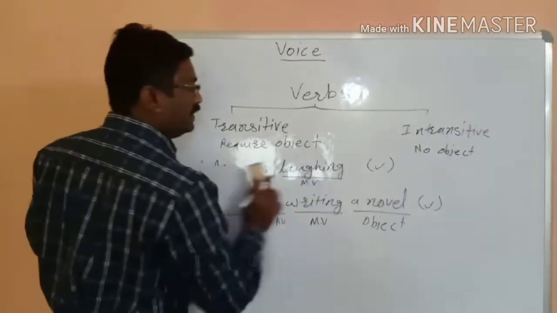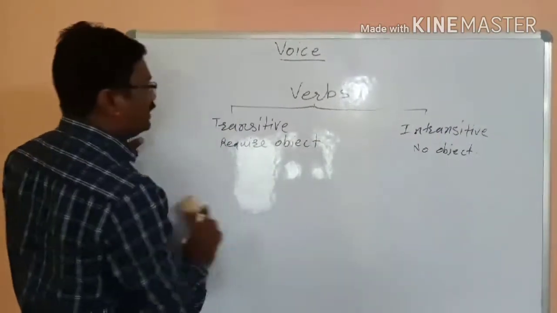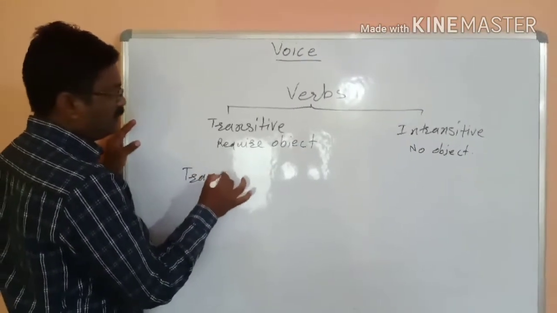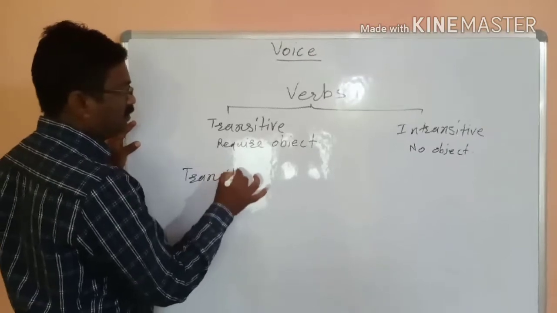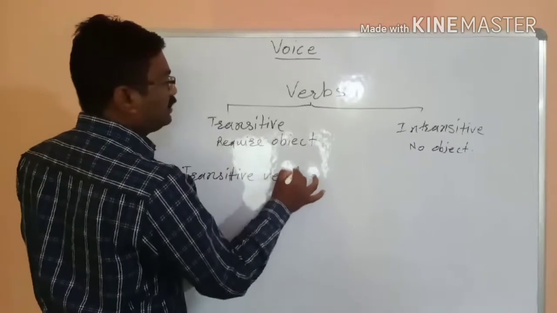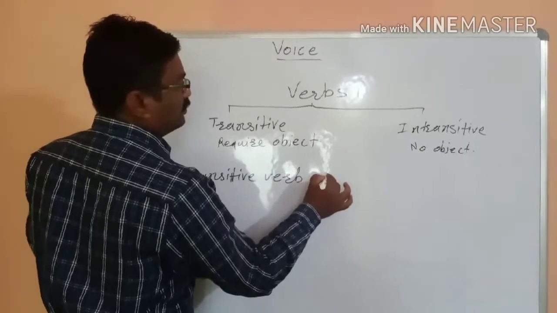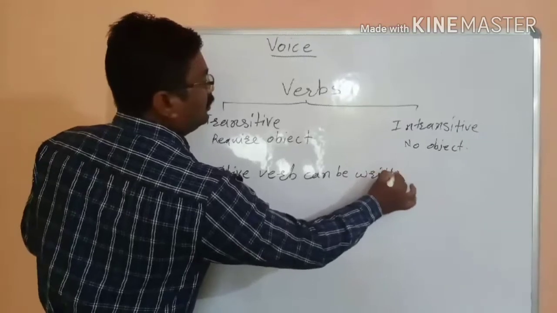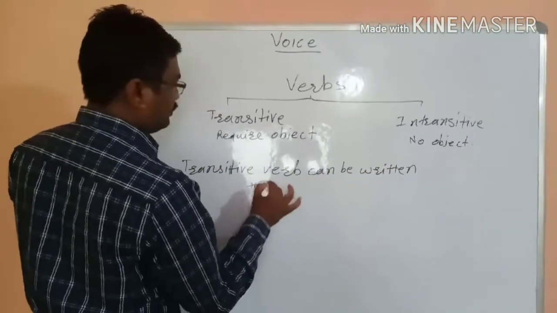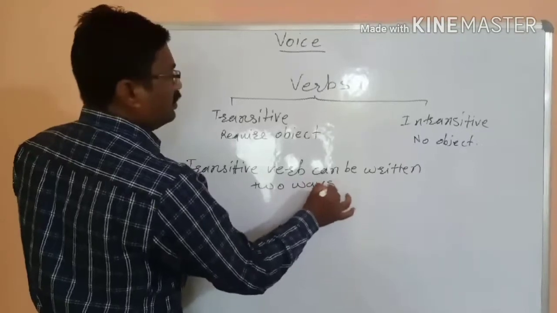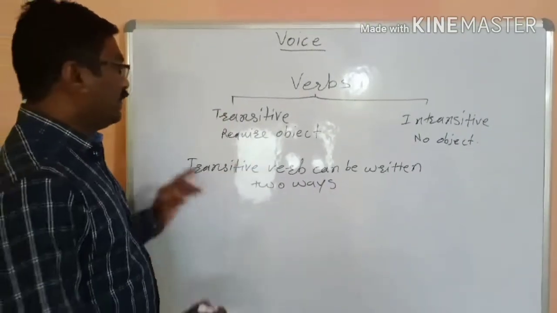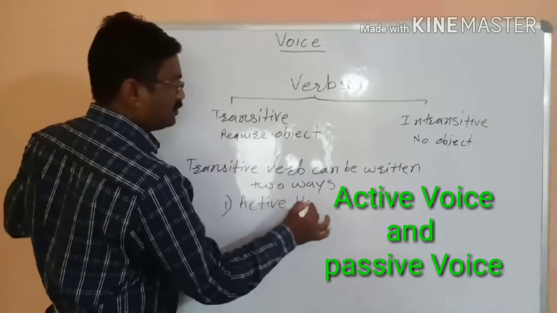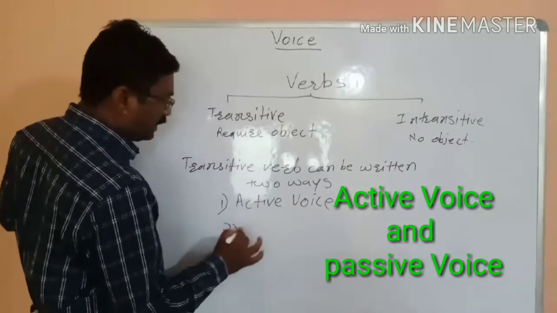Why are we learning this? This transitive verb can be written in two ways. One is active voice and second is passive voice.